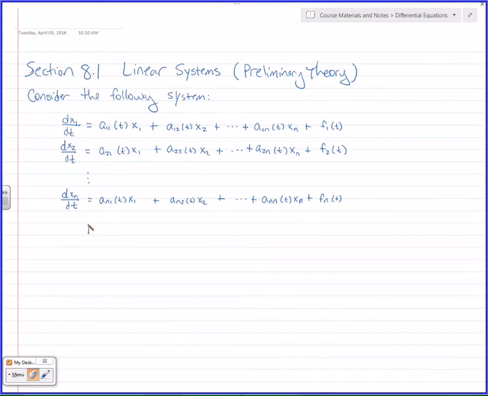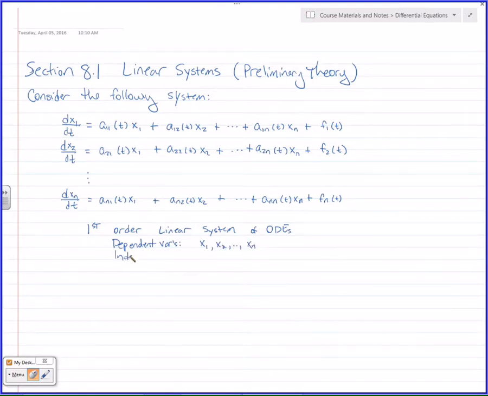All right, so this is what we call a first order linear system of ODEs, ordinary differential equations. The dependent variables are x1, x2, all the way out to xn.